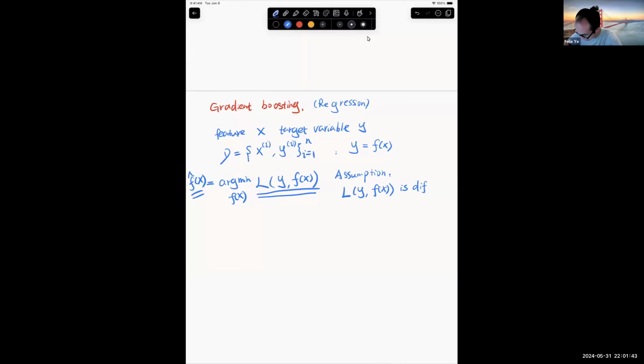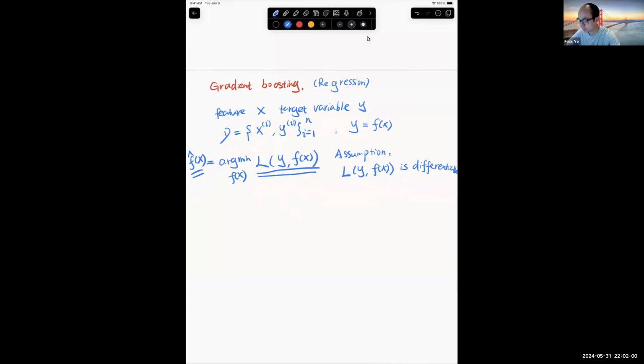For example, we are working with the mean square loss. We have all these x, y being sampled from a certain distribution. And we can further generalize by thinking about it the following way.